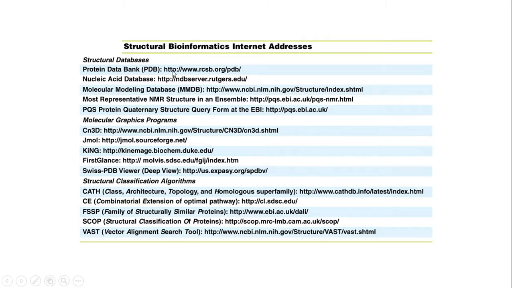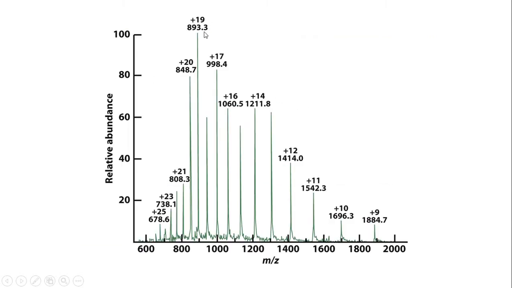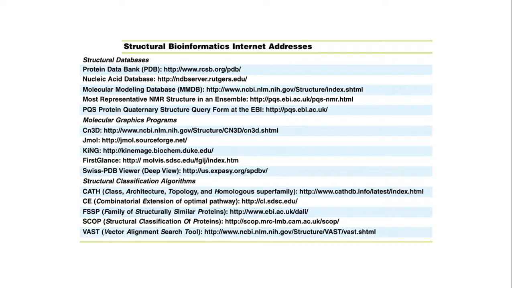So what you do is submit your mass spec data to one of these databases, and it searches for peptide fragments that have the same mass to charge ratio. So you can get the sequence of these peak fragments, and then based on those, you can overlap them as we did before in some of those exercises we did.